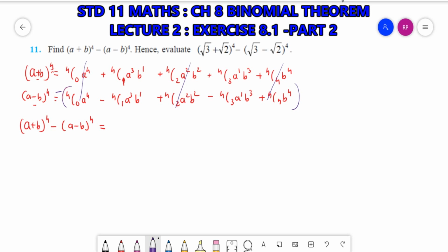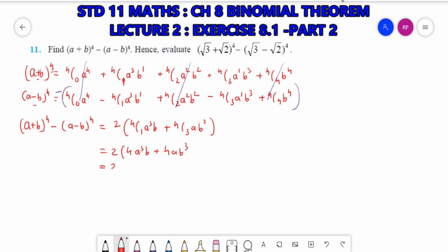And same way this one. So it will be twice 4c1 a cube b plus 4c3 ab cube. Twice 4c1, that is 4 a cube b, 4c3 that is also equal to 4c1, that is 4 ab cube.